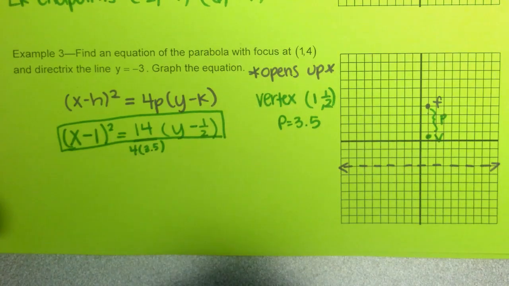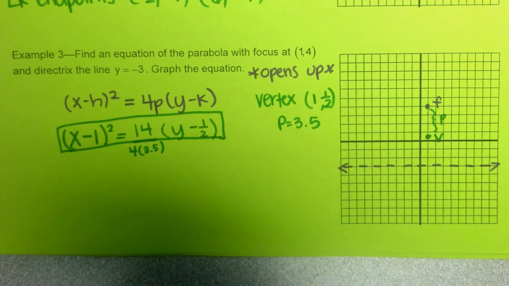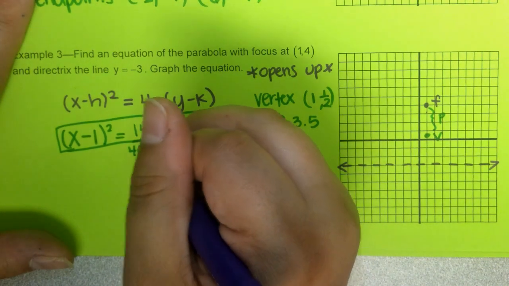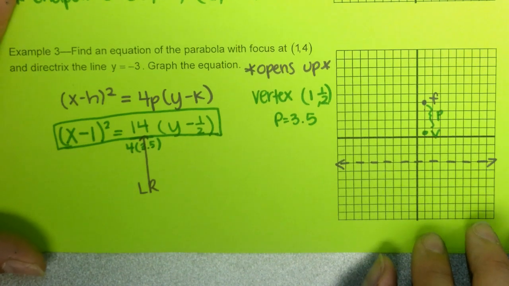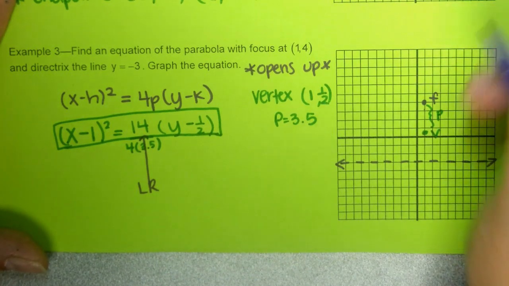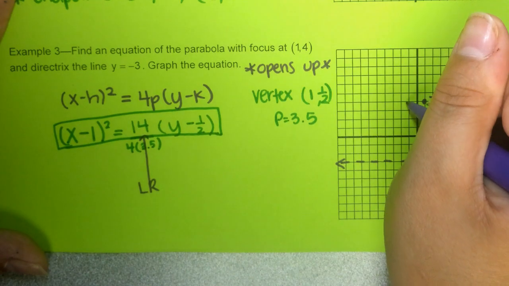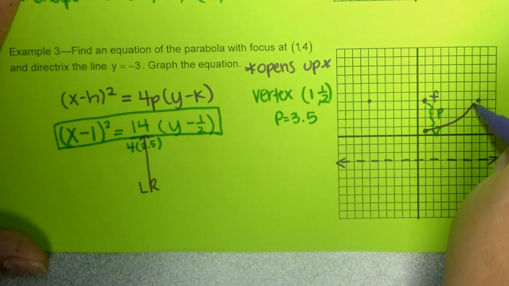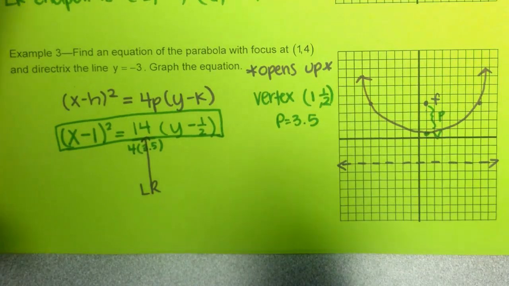There's my equation. Oh, wait, I'm not done. What do I got to do? The LR, what's my LR? So 7 and 7 where? At the focus. There you go.